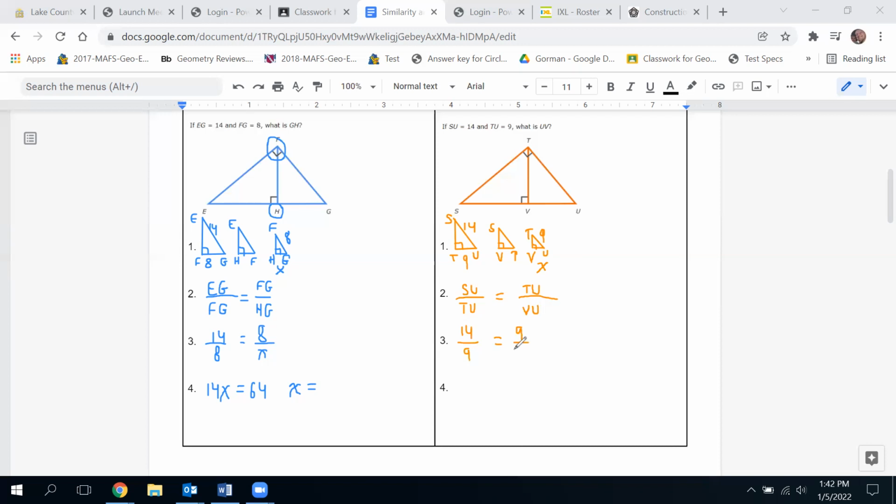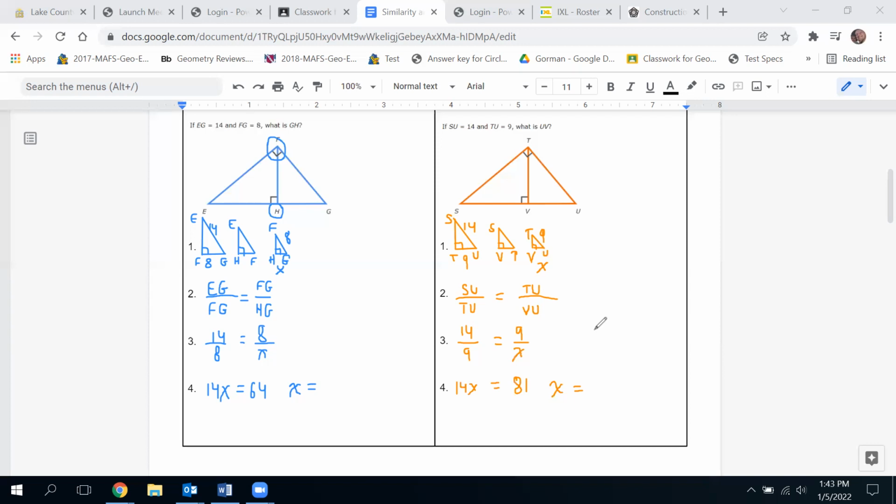And substituting for VU, we have X. Step 4, cross multiply and solve. So we have 14X is equal to 81. And when you divide 81 by 14, you'll know the value of X, and you'll round it to the hundredths place.